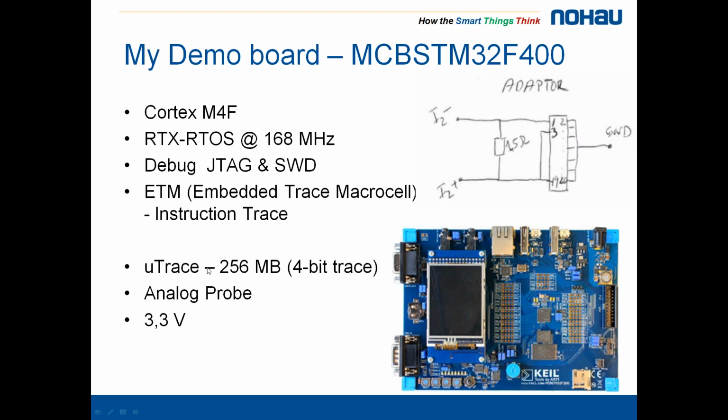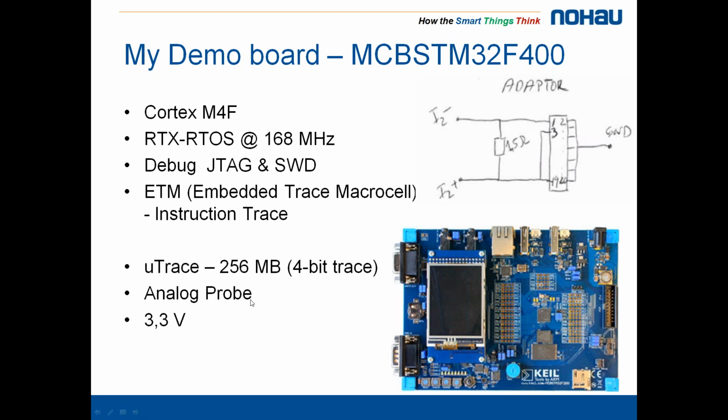Then I'm using the Lauterbach hardware called MicroTrace to pick up the trace. And this is 256 megabytes of memory. So the MicroTrace is a low-cost option for those of you who are looking to do debug and trace and energy profiling for a Cortex M microcontroller.